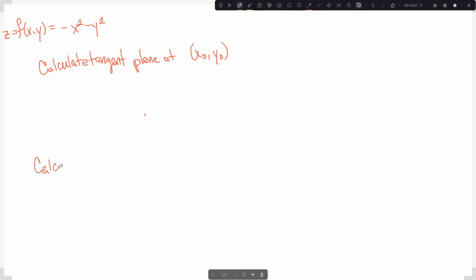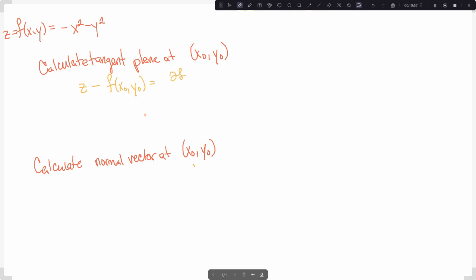We'll calculate the normal vector at x0, y0. All right, so starting out with the plane, we recall our formula was z minus the value that z takes at the point, which in this case is f of x naught, y naught.